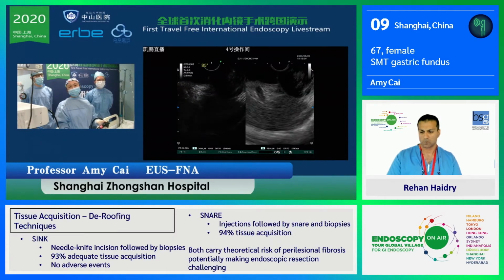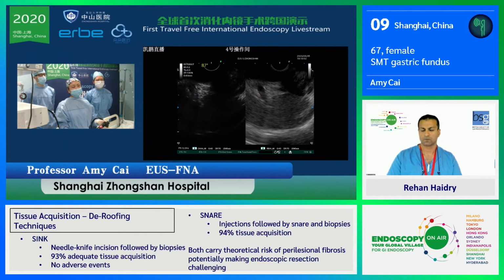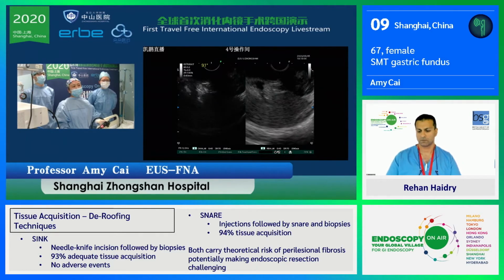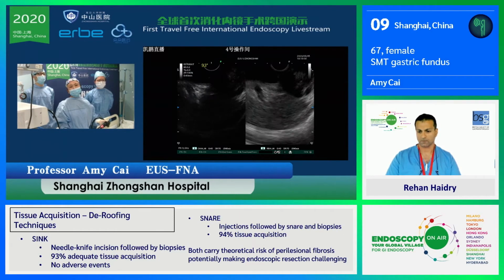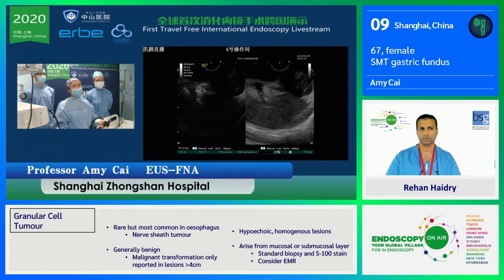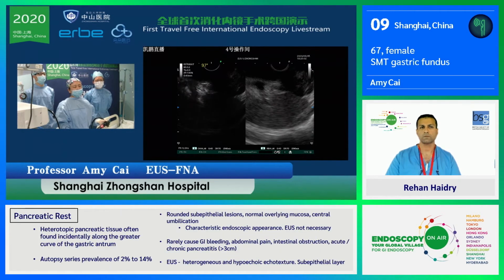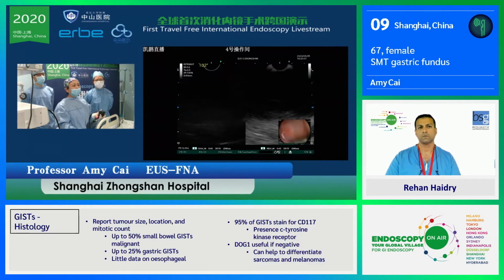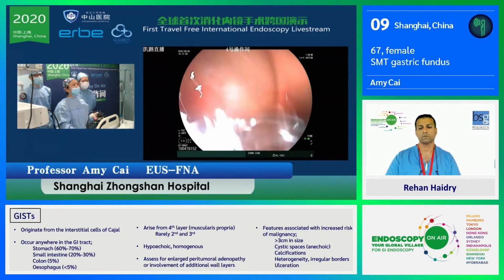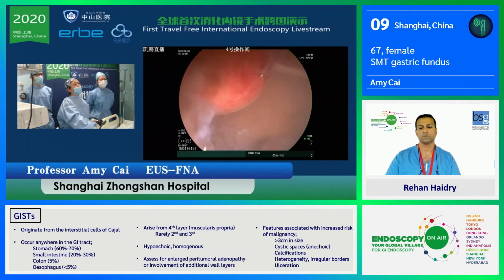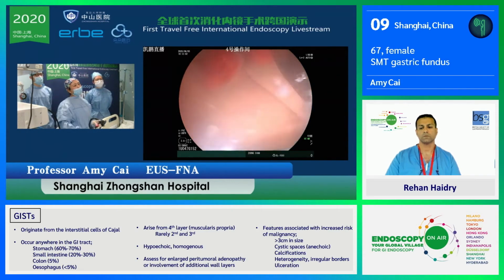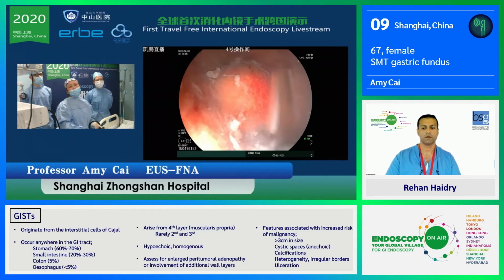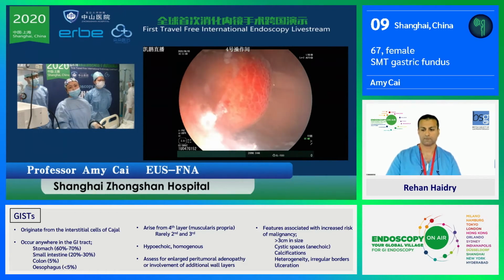First of all, the size is a very important matter to identify whether it's a malignancy or not. If it's larger than 5 centimeters, there is a large possibility of a malignancy. And also, we can change to the white light of this tumor. We can see that there's an erosion on the mucosa, and also sometimes even ulceration on the top of the tumor.